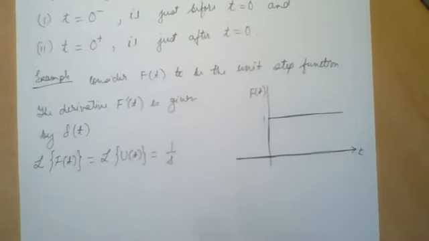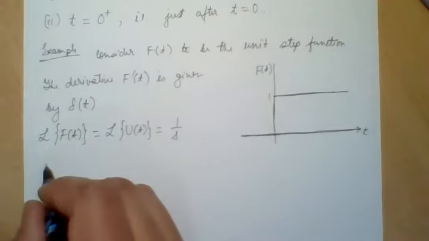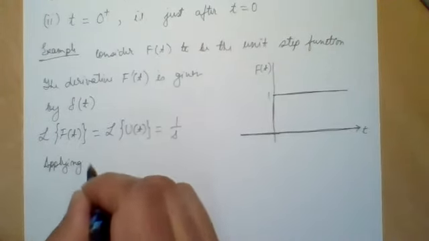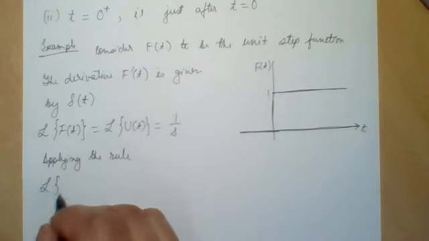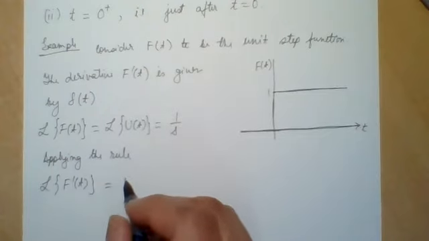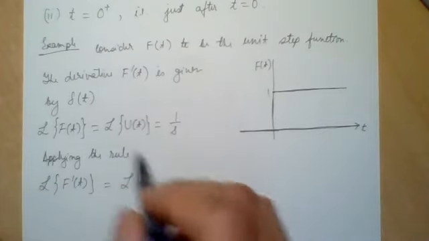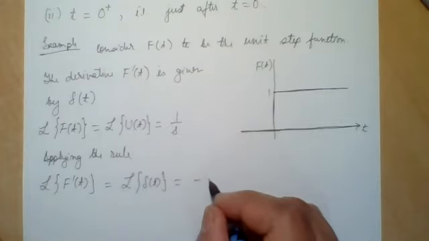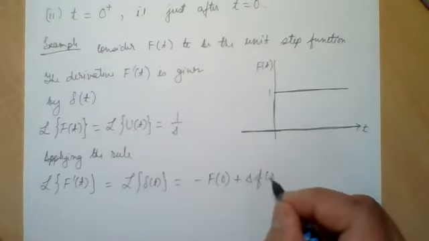Then let us apply the rule for the Laplace transform of the derivative. What is the rule? The Laplace transform of the derivative, here delta t, is equal to minus f of 0 plus s times F of s.